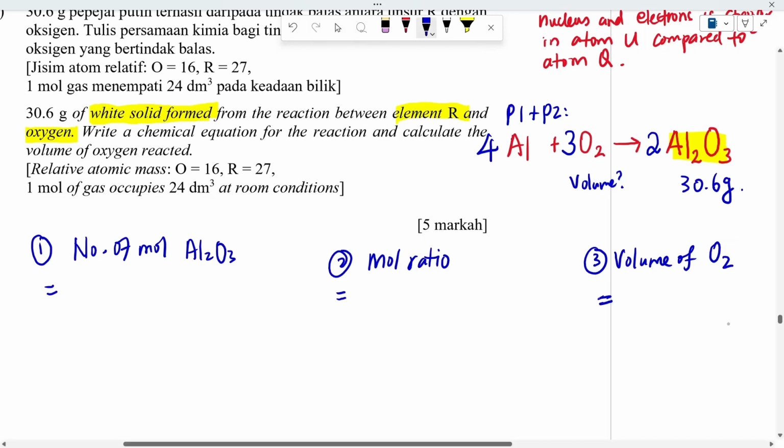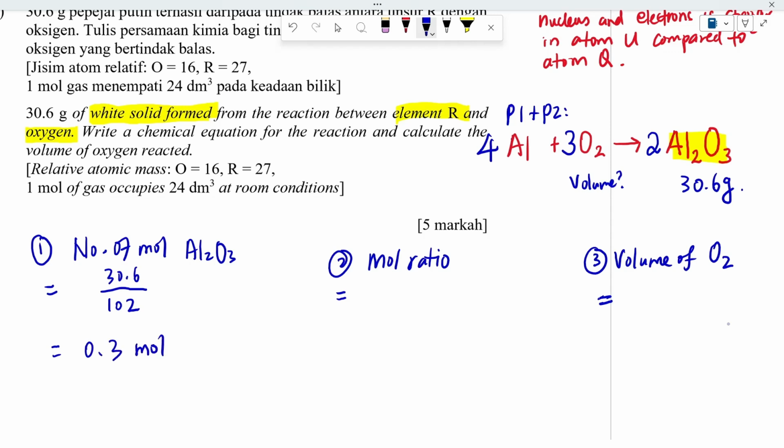So first, number of mole. The mass is 30.6. Molar mass for the aluminium oxide? 102, correct. So what is the number of mole? 0.3 mole. Now, second one, we need to do the mole comparison. Remember, you have to write it properly.